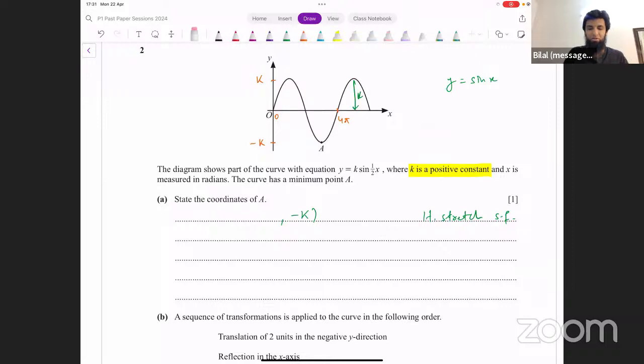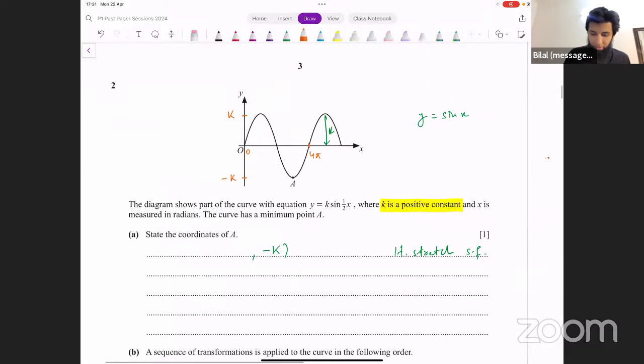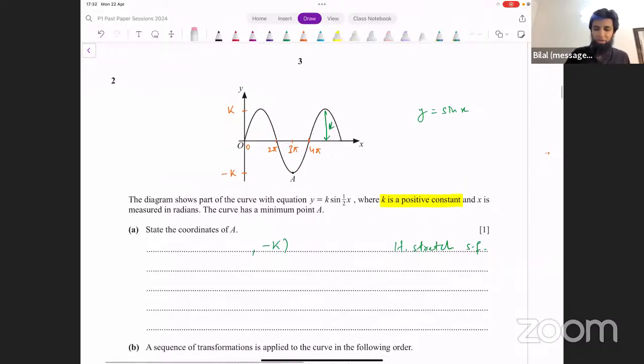So after transformation, 2 pi into 2, the point becomes 4 pi. And now, what about the x coordinate of A? If this is 0 and this is 4 pi, right in the middle, we would have 2 pi. Then what about this point? This is going to be 3 pi. So the x coordinate of this turning point is going to be 3 pi.